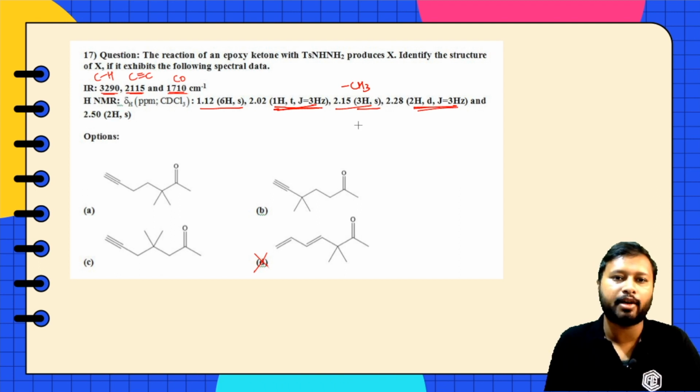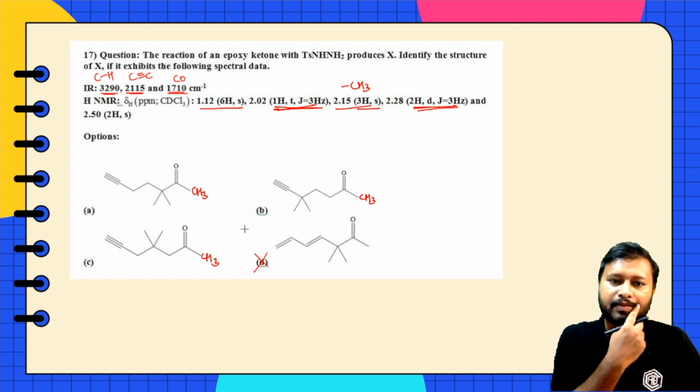All right, let's look at it a little later. Then you have 2 hydrogen singlets. This CH3 group is nothing but this CH3 which you are getting in all of them. So if you look at all these options, what is the major difference between them? In options A and B, the major difference is this particular carbon, which has both these methyl groups, the 6 hydrogen singlet.